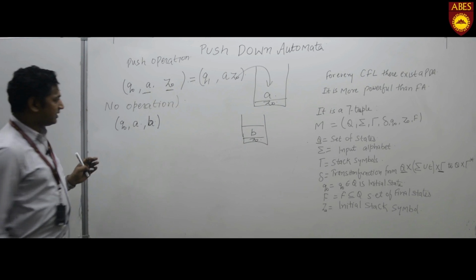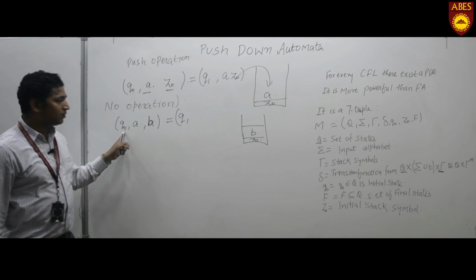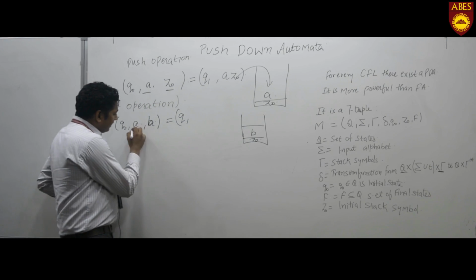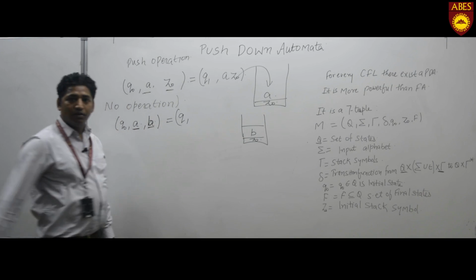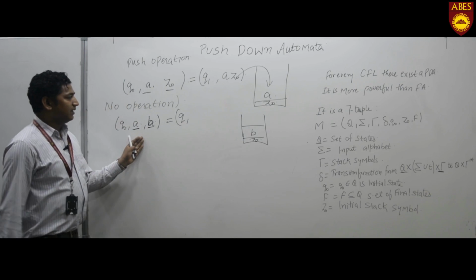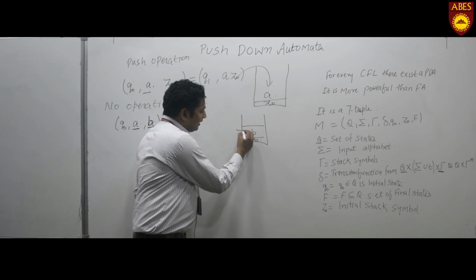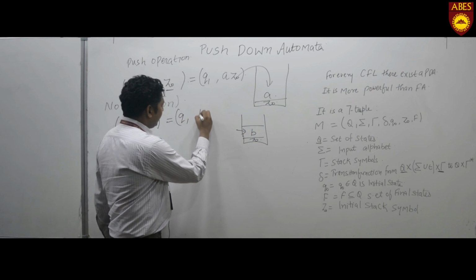For this we can make a state change, moving from Q naught to Q1. The input symbol is A and the top of stack is B. When we do a no operation, the stack remains unchanged. This B will not be replaced by any symbol. So we have Q1 and B.